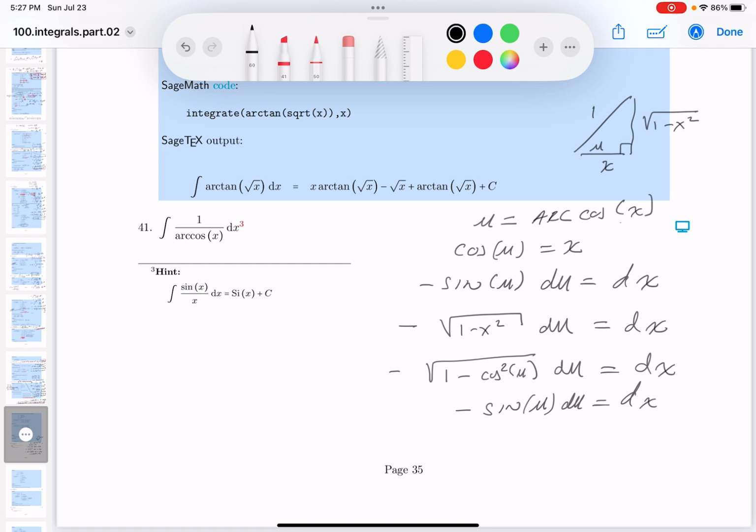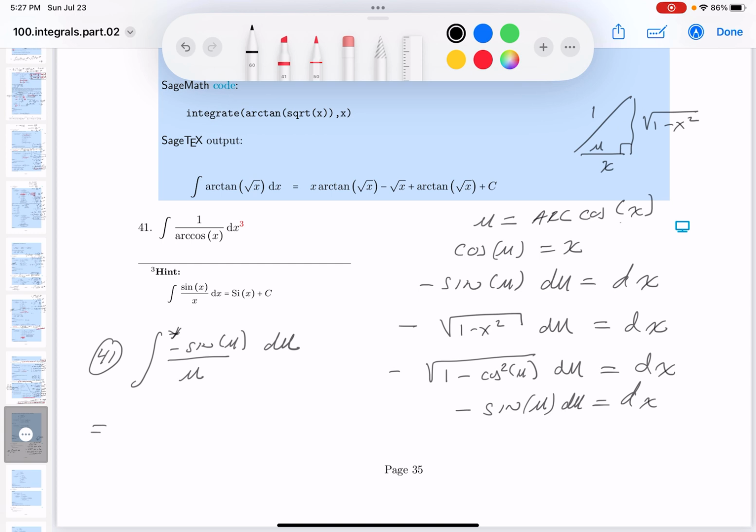All right, let's write that down. So 41. I'm going to see if I can figure this out. The integral of cosine of x is, I said it was going to be u. And what's dx? It's minus sine of u du. Well, you know what? I got what they said I was going to get. So let's write this down.